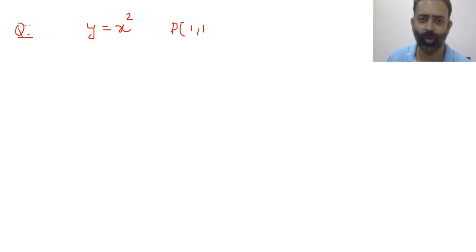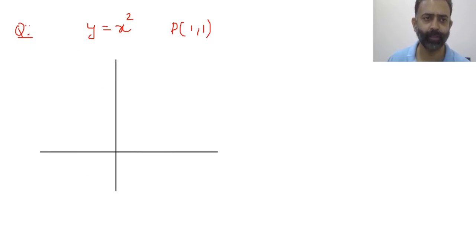Okay, so let us say we have one example where we have been given a curve y is equal to x squared and there is a point P at (1, 1). So quickly let us sketch this curve. This is y, this is x, and the curve is like this.